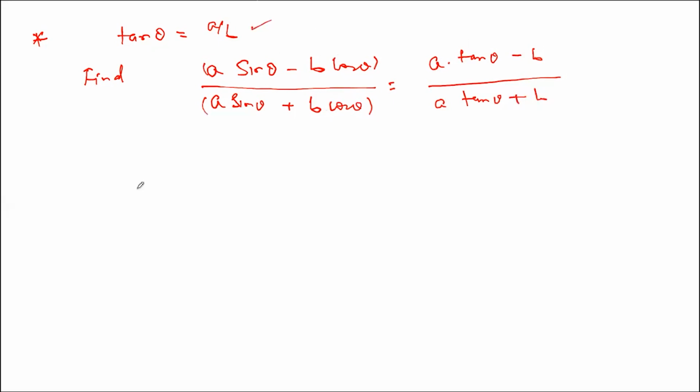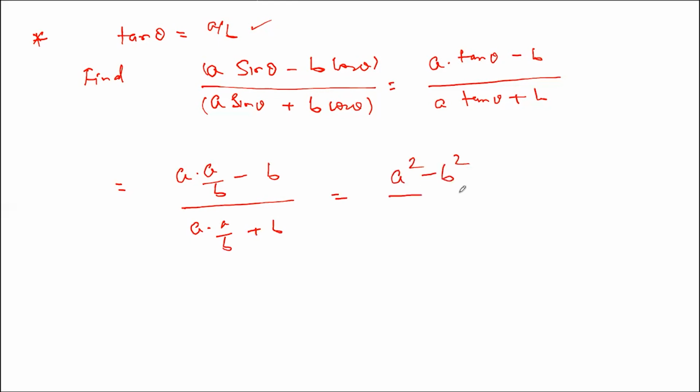And tan theta is given as A by B. So obviously put the value: A into A by B minus B upon A into A by B plus B. So we get A square minus B square upon A square plus B square, right? So this we are getting in terms of A and B, right? Now, the next formation of this, right?